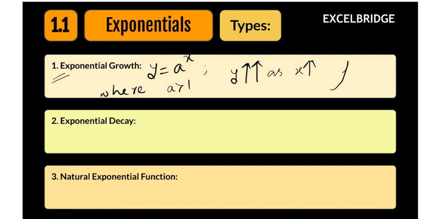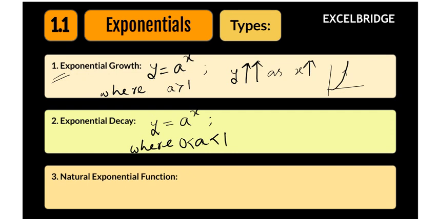When we see the graph, these things will become clearer. Now let's see exponential decay. It is y equals a power x, but here a is greater than 0 and less than 1.